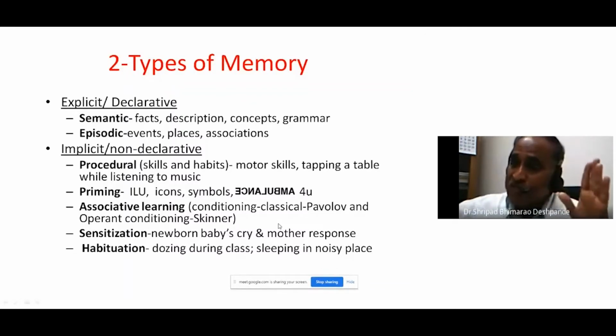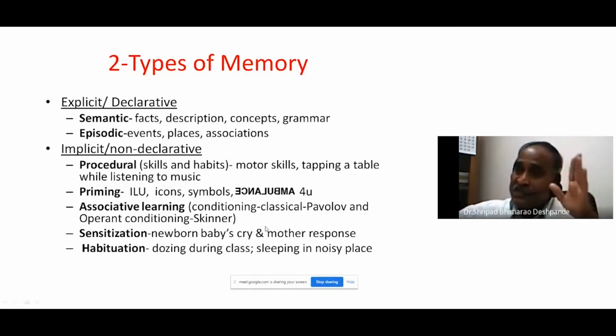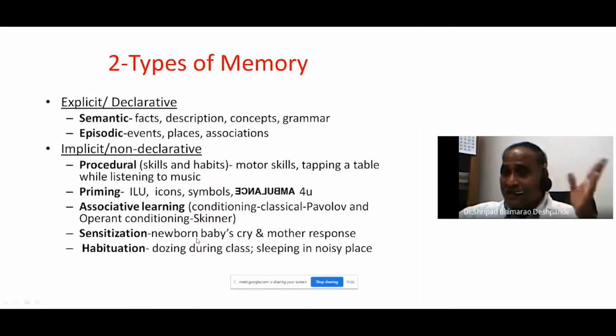Sometimes it may happen to people. So that is sensitization: the more you think about it, the louder you hear it. Another example is when you are sleeping in a strange place and you are trying to get that sound.